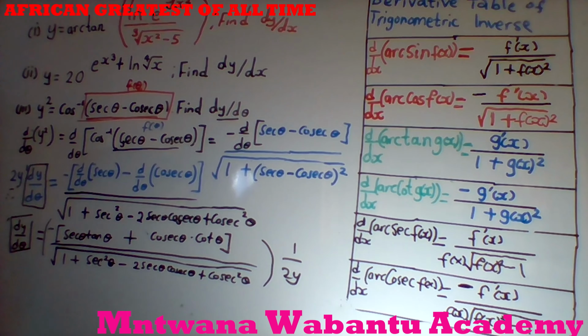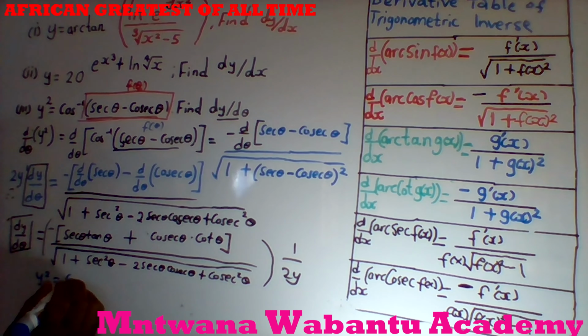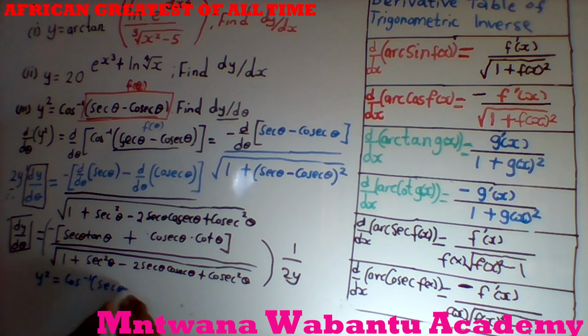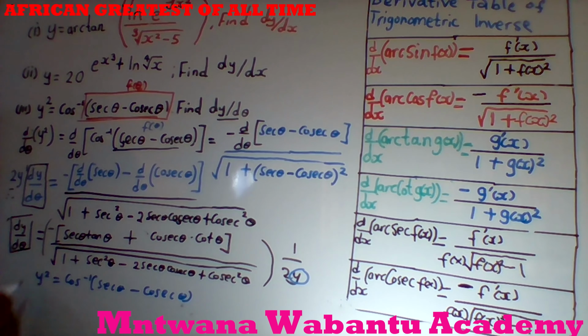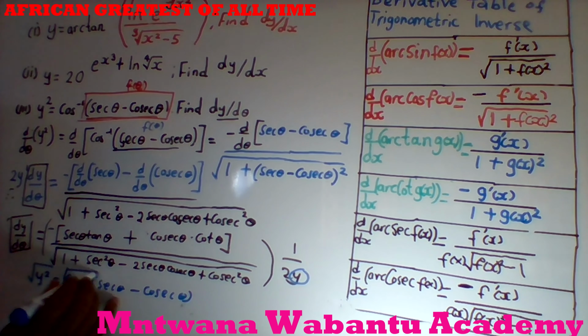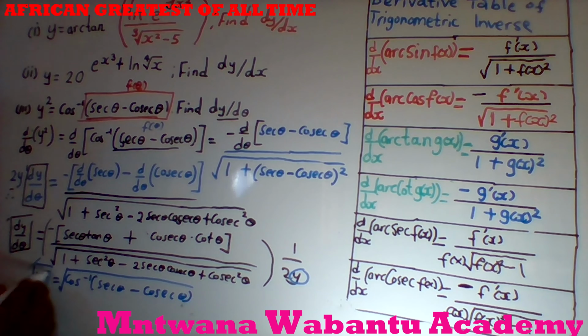So I'm going to take my main given equation, which is y squared equal to cos inverse of sec theta minus cosec theta. I want to get the value of y so the equation can get done. So I'm going to take the square root of the given equation, and the square root of this side, so this and this go.